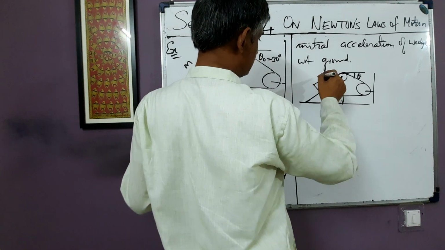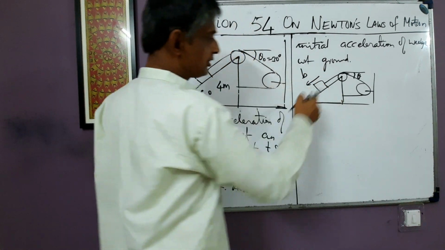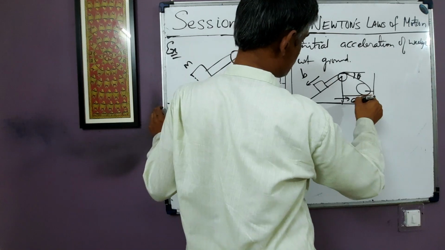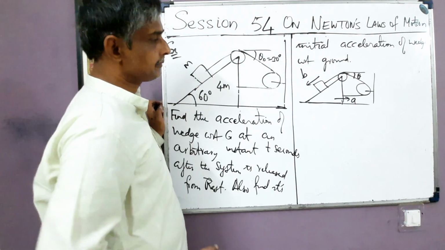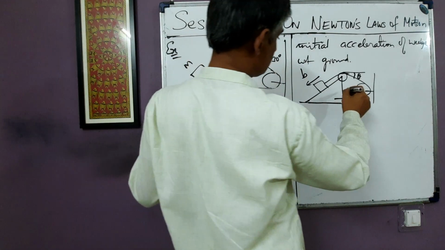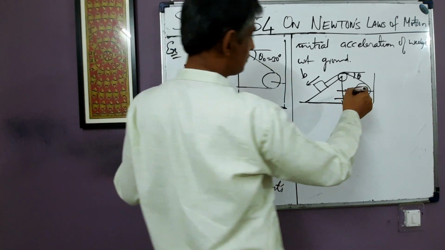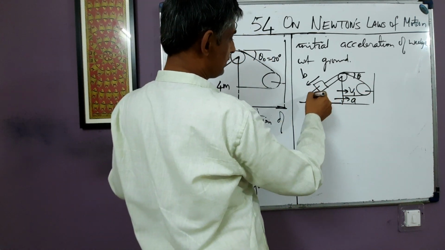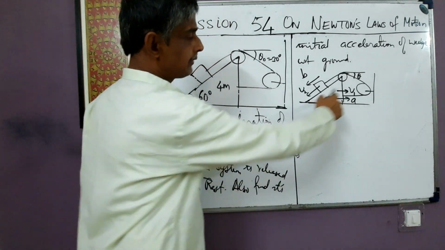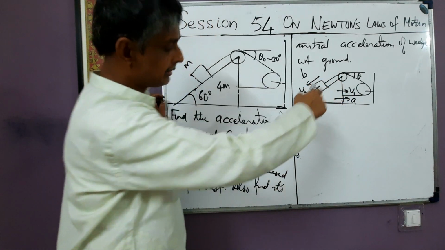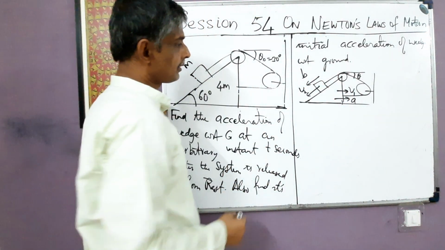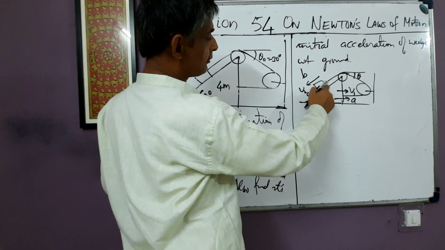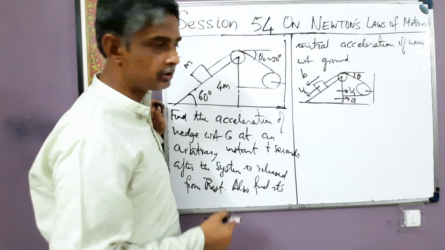Now suppose the block has an acceleration of b with respect to the wedge, and the wedge has an acceleration of a with respect to ground at this instant. Suppose at this instant the velocity of the wedge with respect to ground is v1, and the velocity of the block with respect to the wedge is v2, at arbitrary instant t.